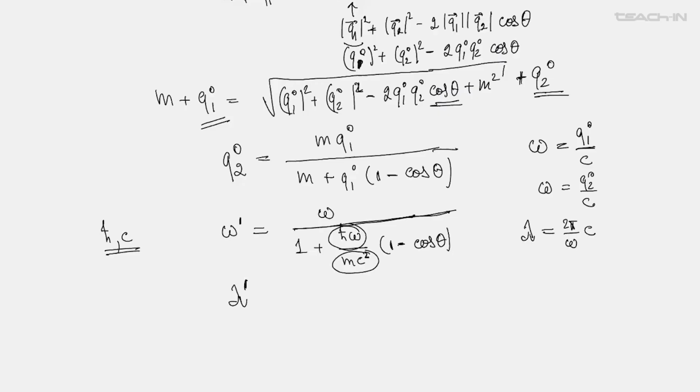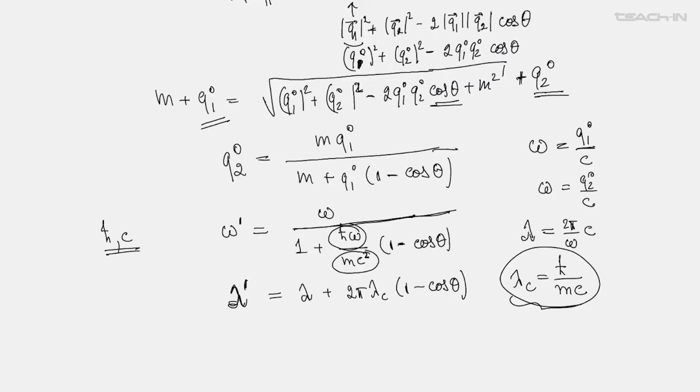This is the wavelength of the outgoing photon, and according to this formula, it will be related to the wavelength of the incoming photon by the formula lambda plus 2 pi lambda Compton 1 minus cosine theta, where lambda Compton is nothing but, as we introduced before, h bar divided by mc, and this is the origin of this notation. So lambda Compton is h bar divided by mc.